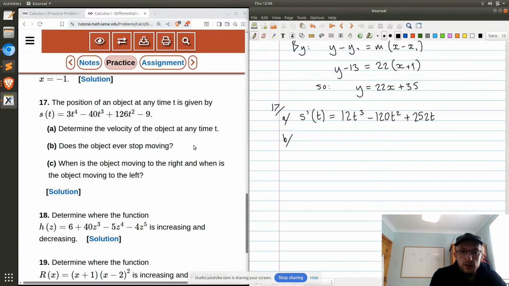Does the object ever stop moving? So set the velocity function here equal to 0, and solve. First, notice that everything can be divided through by 12.